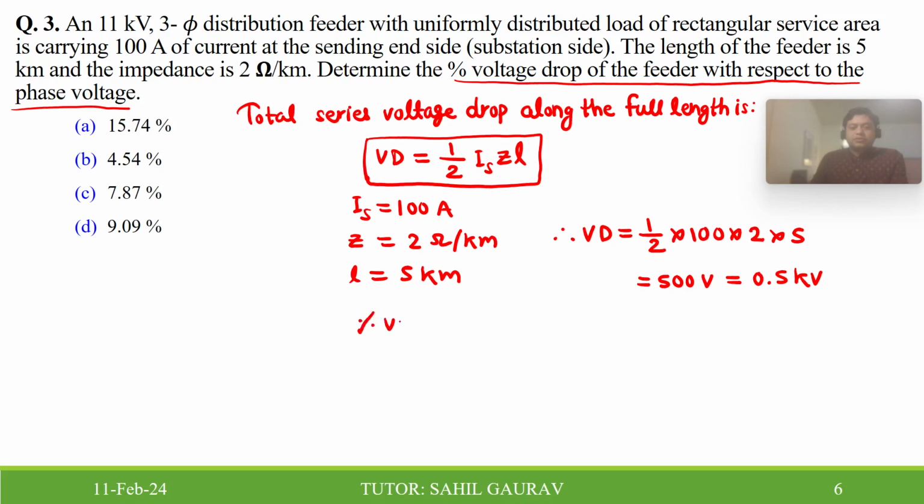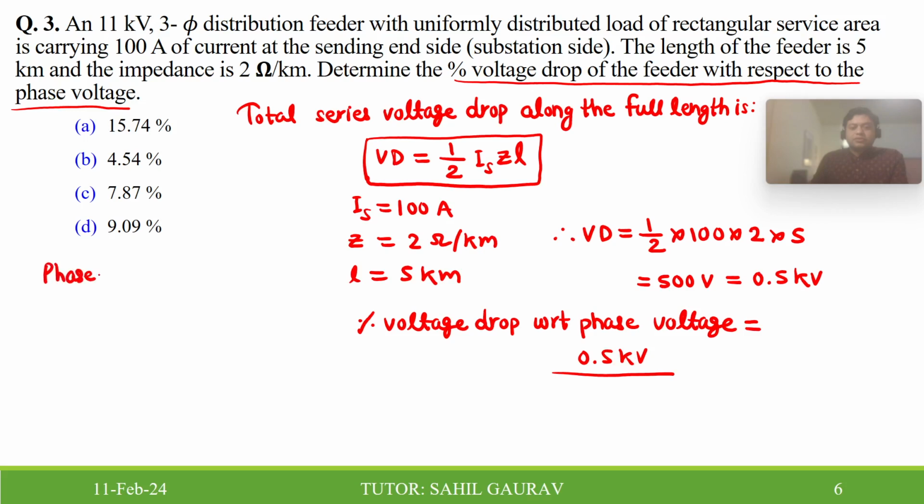So we can write percentage voltage drop with respect to phase voltage. It will be 0.5 kV over the phase voltage, which we have to find. Phase voltage will be line voltage divided by root 3, so 11 divided by root 3 kV.